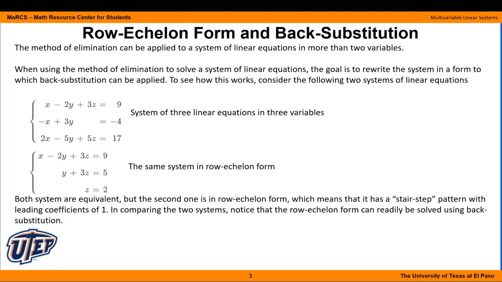The second equation contains only y and z, and the third equation contains only z. Because the variables gradually disappear as we move downward, the system becomes much easier to solve. Notice that both systems are equivalent, meaning they have the exact same solution. The difference is that the row echelon form is organized in a way that allows us to solve the system efficiently using back substitution. Let's see how that process works.